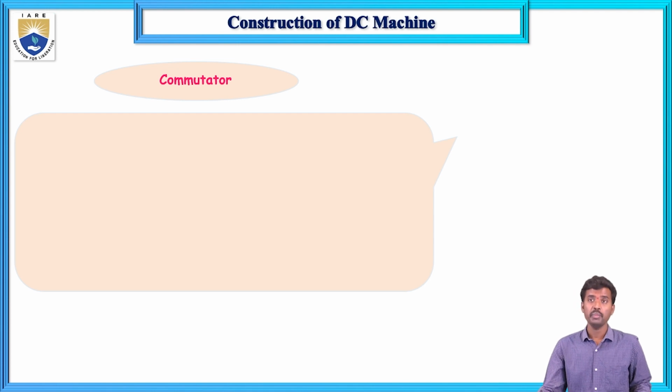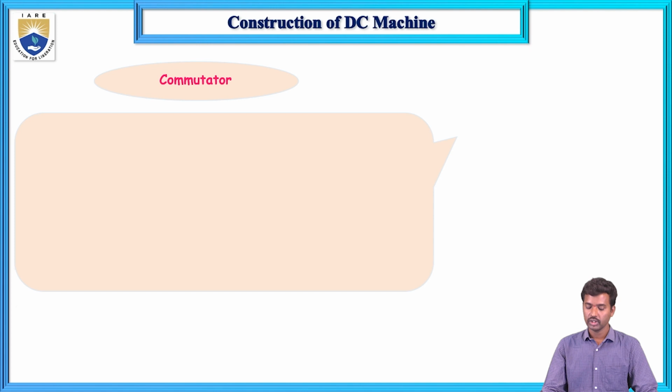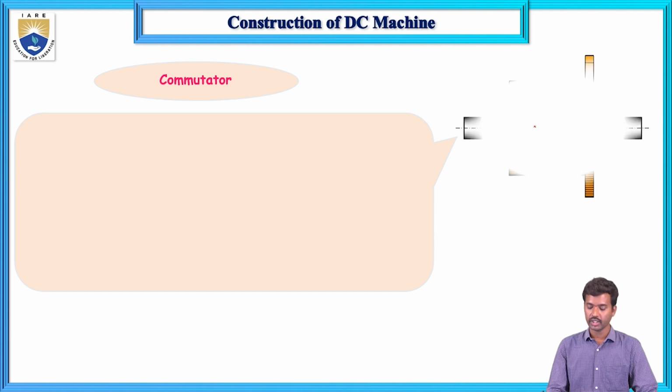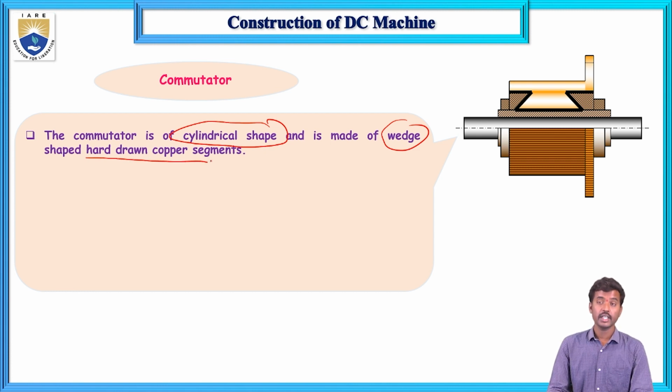Next, the material used for this. This is the actual picture of the commutator. In the previous one I showed the complete machine; this is the individual part construction. The commutator is cylindrical in shape. It is made up of wedge-shaped hard-drawn copper segments.